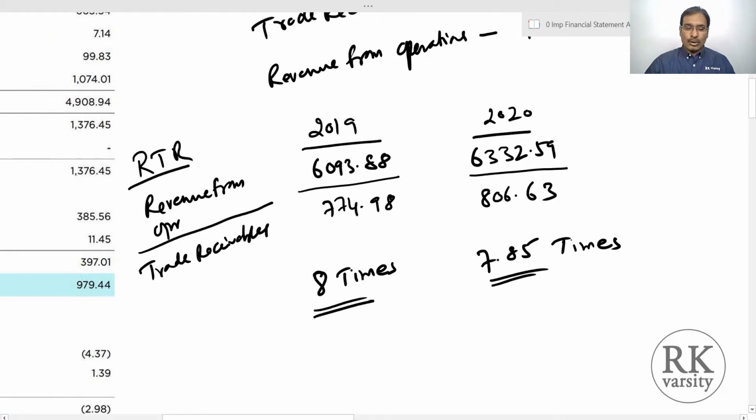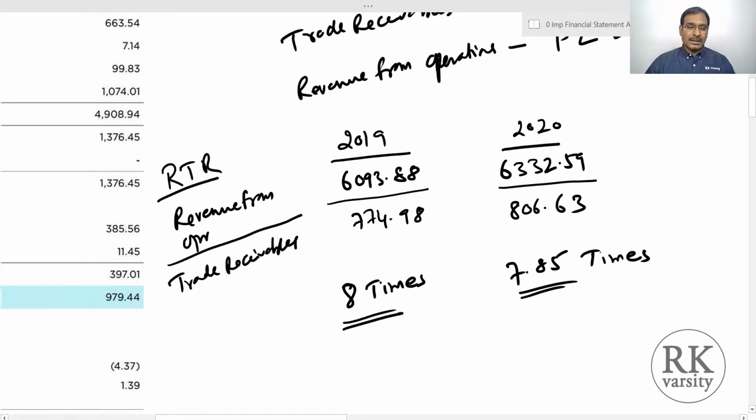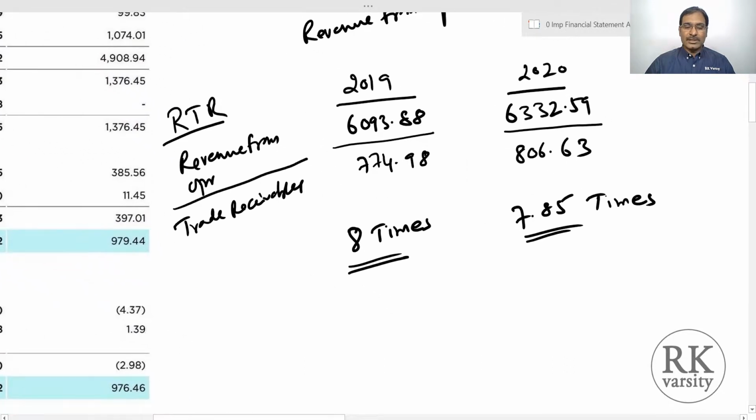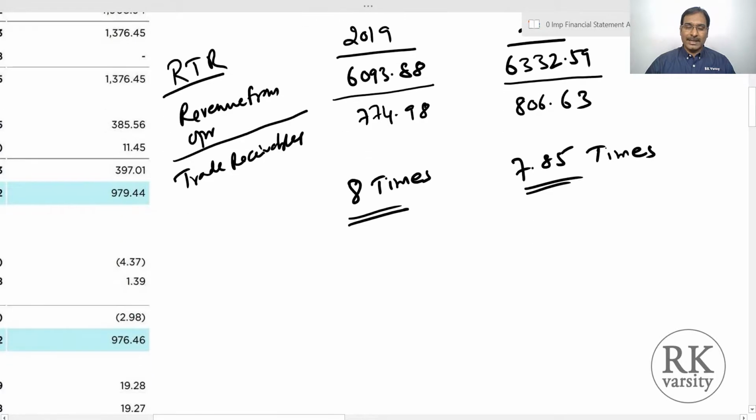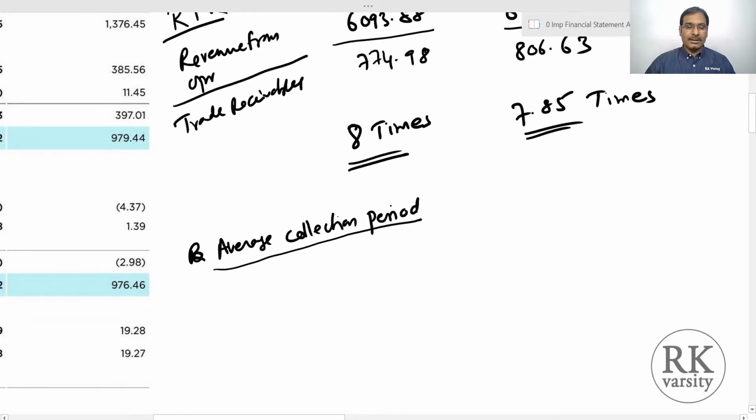What this receivables turnover ratio indicates is that your receivables are converted into sales 8 times in a year. Using this, we can calculate the receivables conversion period, or the average collection period. That means from the point of time of your sale, how many days it takes for you to collect receivables from your customers.